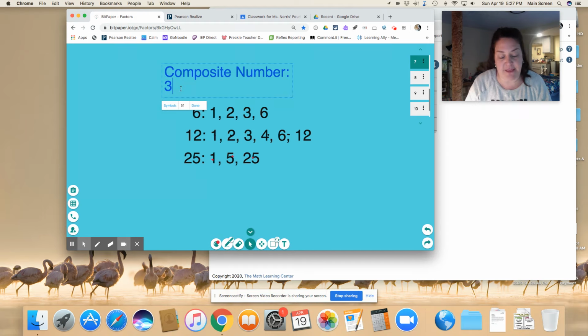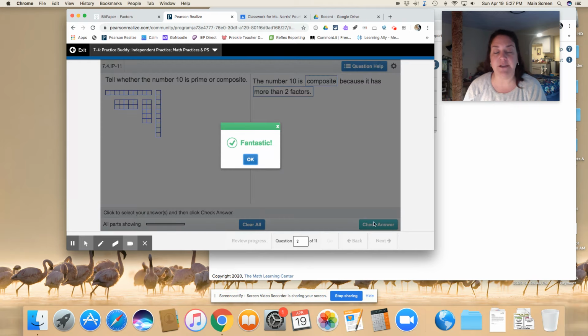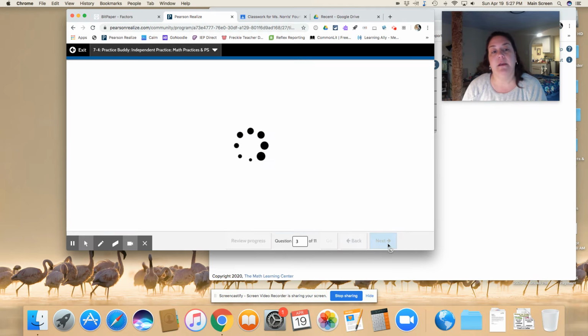So it should say 3 or more factors. So going to Pearson, this is saying less than 2 factors, more than 2 factors, or exactly 2 factors. Any number that is composite is going to have more than 2 factors. Okay? Check your answer. You should be good.